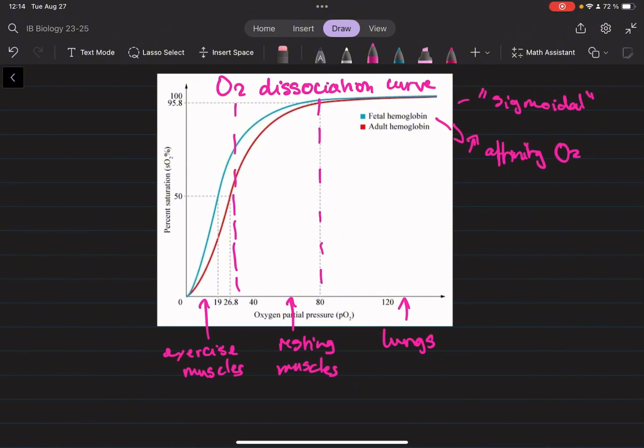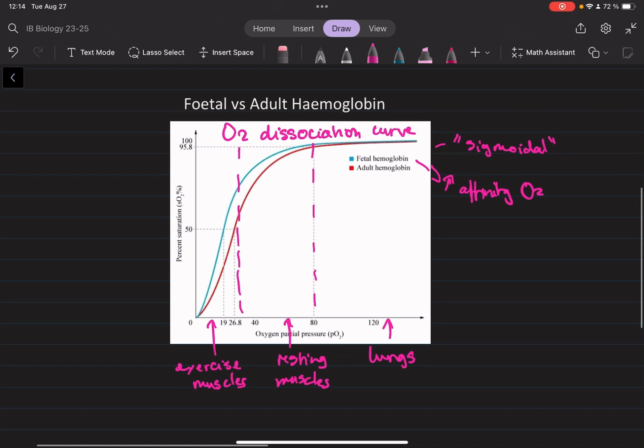So for the fetus to be able to get as much oxygen as it needs, the hemoglobin will naturally also have to have an increased affinity for oxygen. Now, once the baby is born, the fetal hemoglobin will slowly start being replaced by adult hemoglobin, and it will take around 6 months for it to be completely replaced.